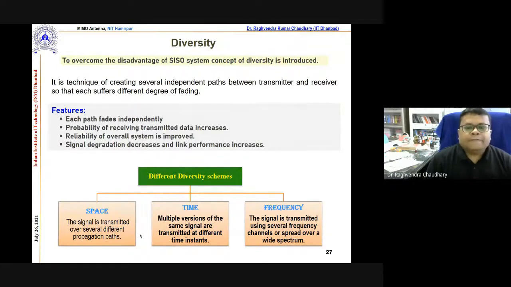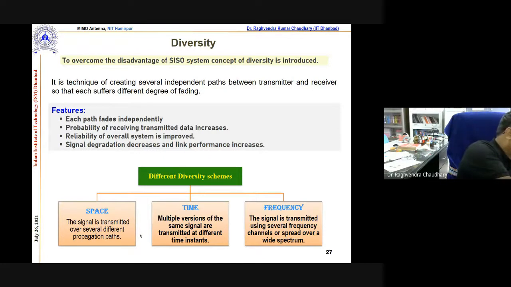Now this is very interesting and we should understand it: diversity. What is diversity? It is used to overcome the disadvantage of the SISO system.